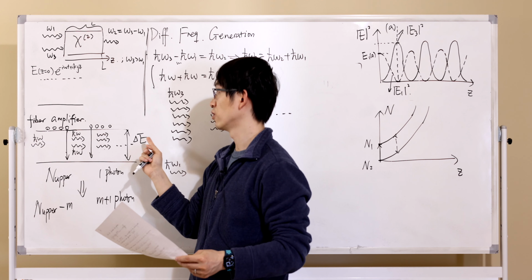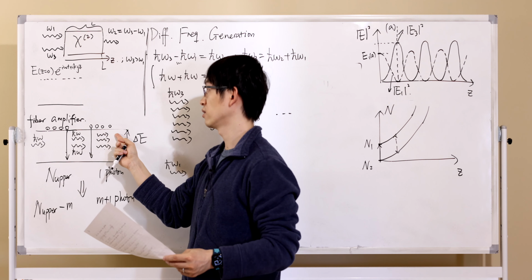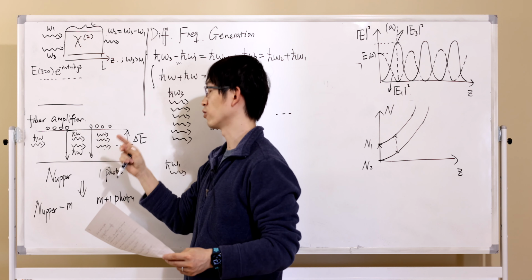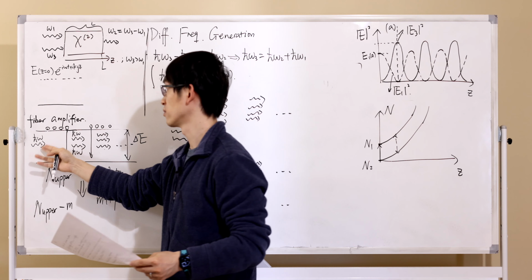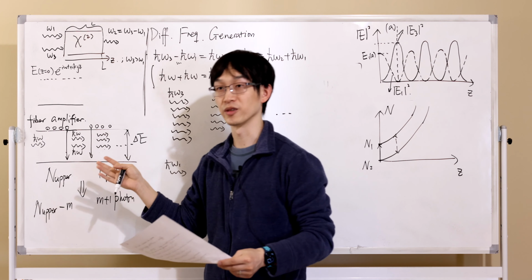So for a conventional amplifier, if you want to amplify a different frequency of light, you need to look for a different material.